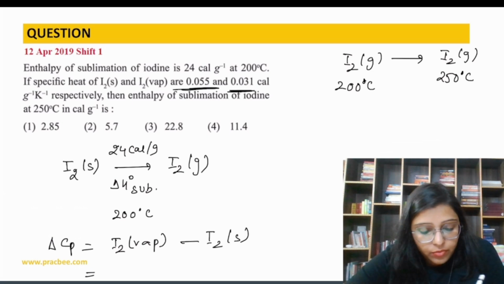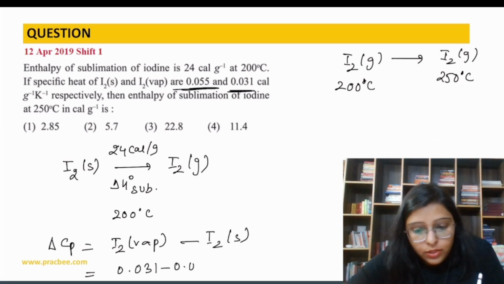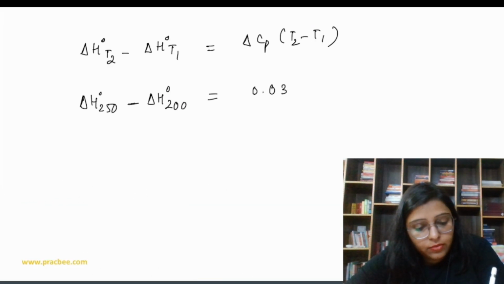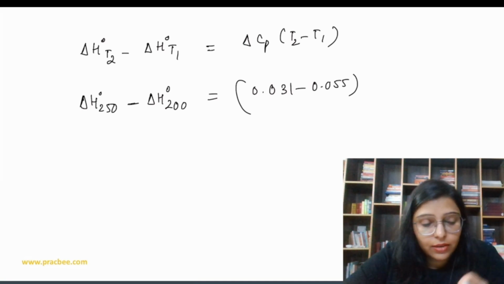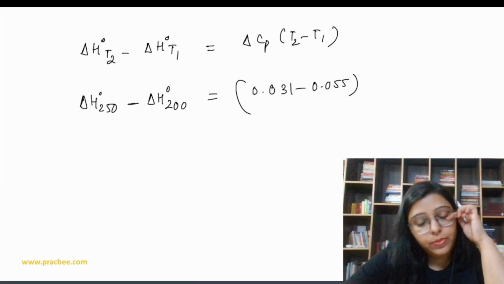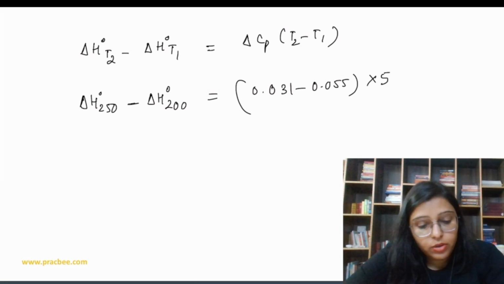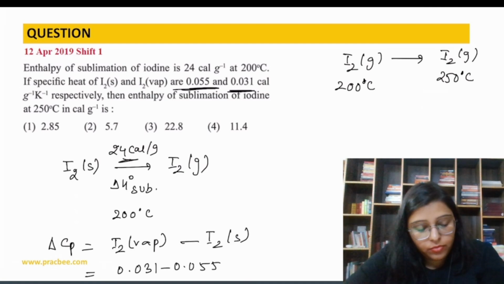So simple, we can write 0.031 minus 0.055. Specific heat, molar heat capacity at constant pressure, is going to be the same. T2 minus T1 is equal to 50. Delta H naught at 200 is 24.